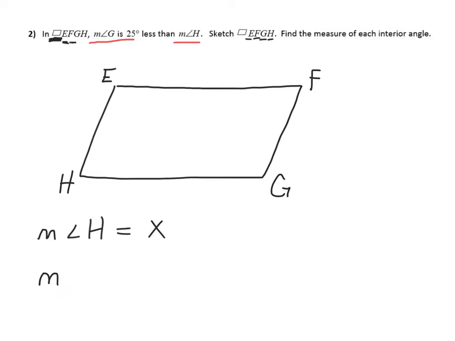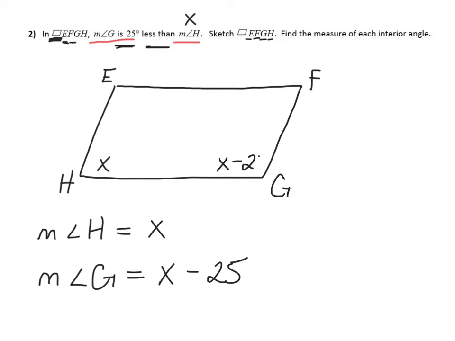Well, in that case, the measure of angle G, since it's 25 less than whatever H is, when we just said H is x, now I can label G as x minus 25. Now I have some measurements I can put in here. So I know H is x, and I know G is x minus 25.